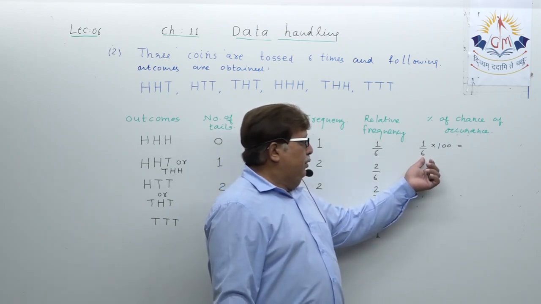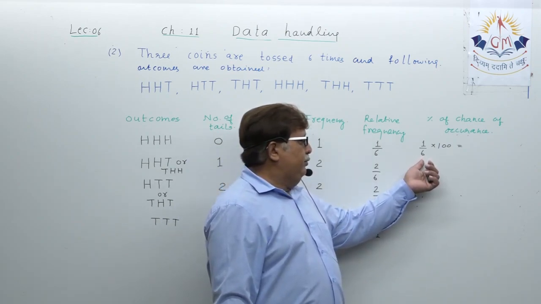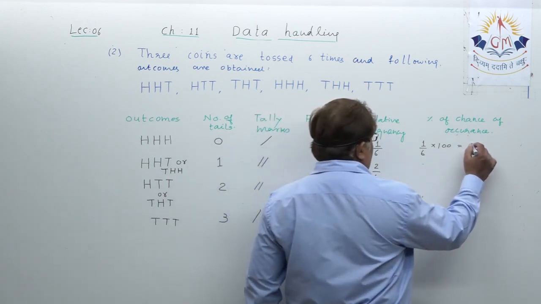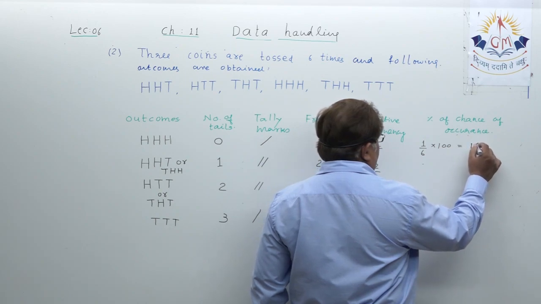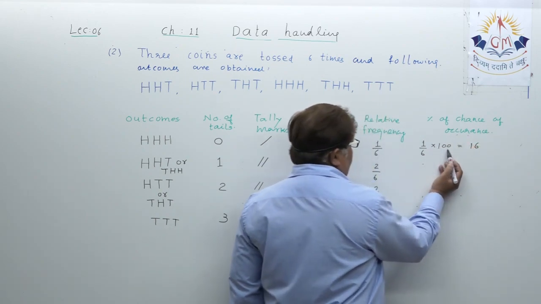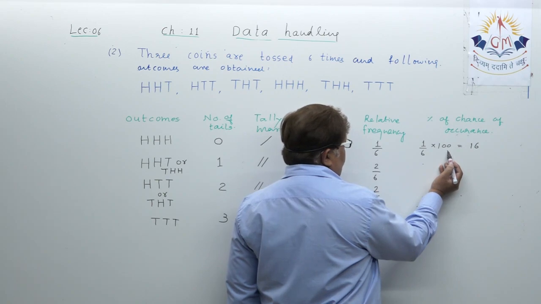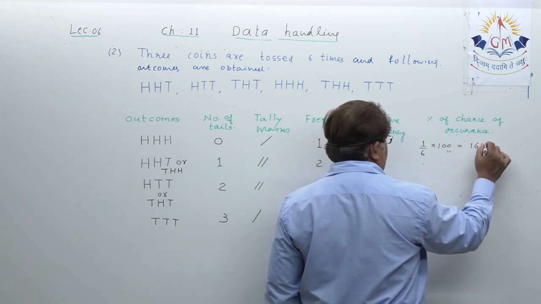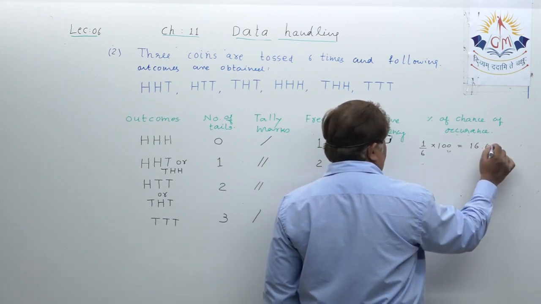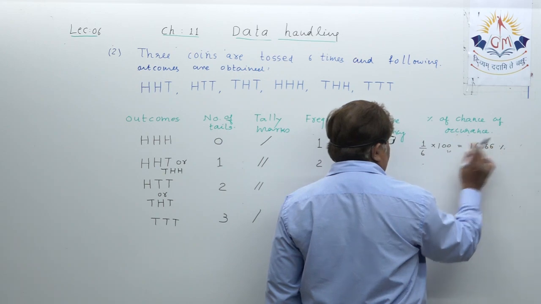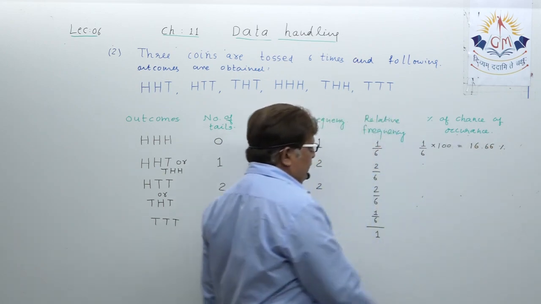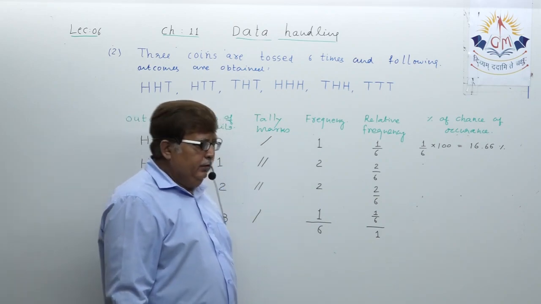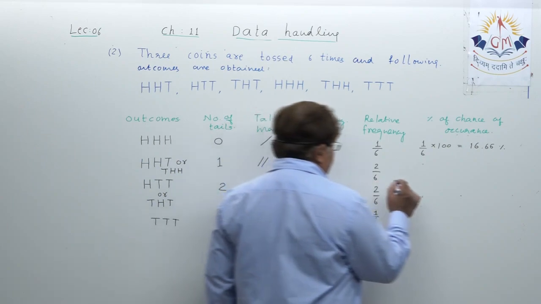Understood? 16, 6 are 96, 4 is left, 0. 6, 6 are 36, again 4. So this will continue, dear student. It is going to reoccur. So you can write 16.66 here.